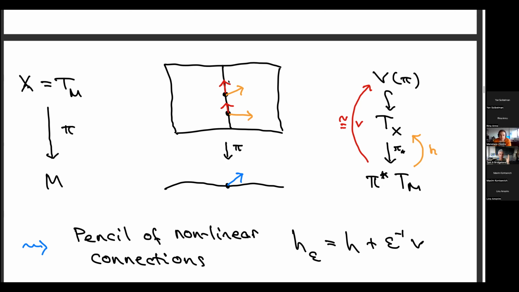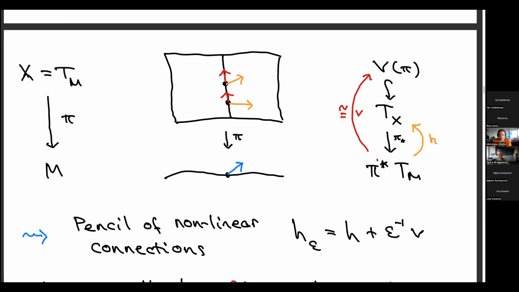So there is a canonical isomorphism here, this red thing. It's just saying a tangent vector to M is a tangent vector to the fiber of this map. It's a little bit confusing, but there we go. It means that if I have one nonlinear connection here, I get a whole pencil of them because I can just add epsilon inverse times this red map.